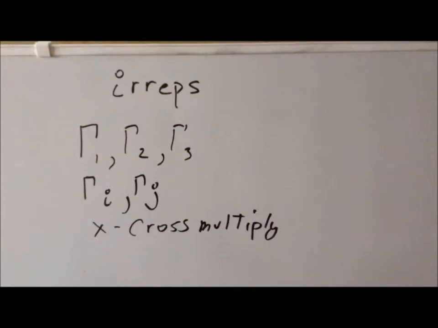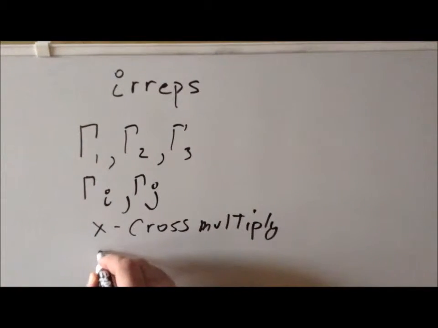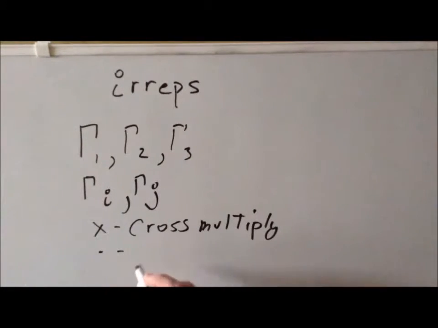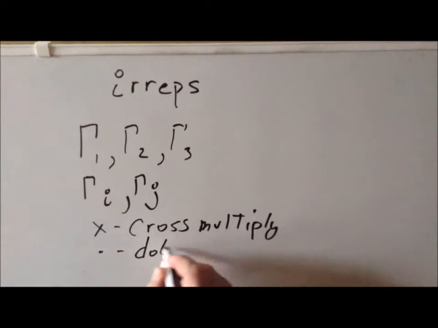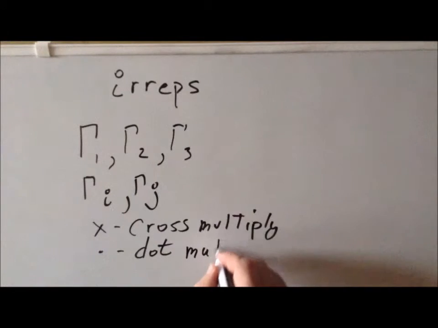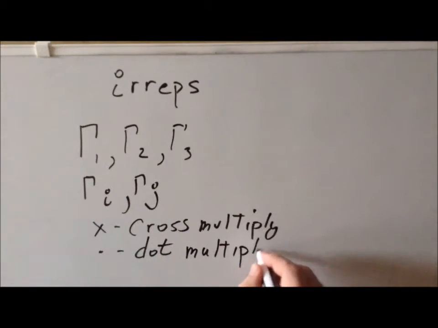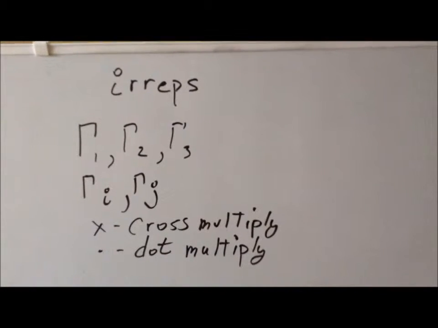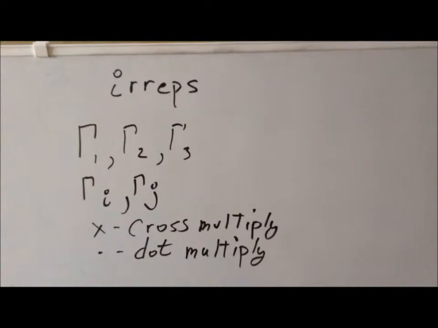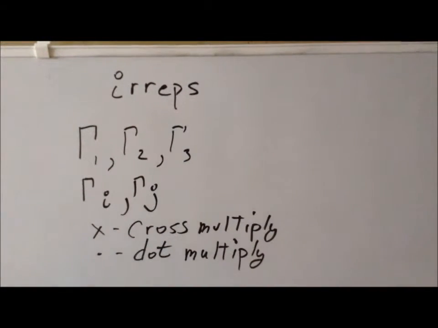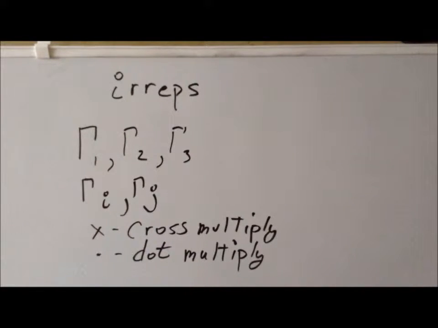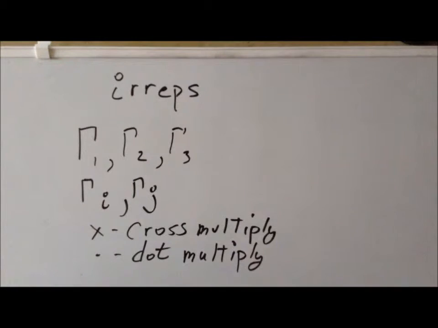And then we have a dot, and this, not surprisingly, would be dot multiplication. If you're familiar with dot and cross multiplication from linear algebra and from vectors, the ideas here are quite similar. So let's see how we define cross multiplication and how we define dot multiplication.